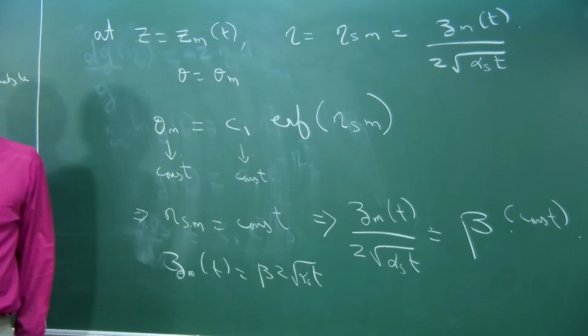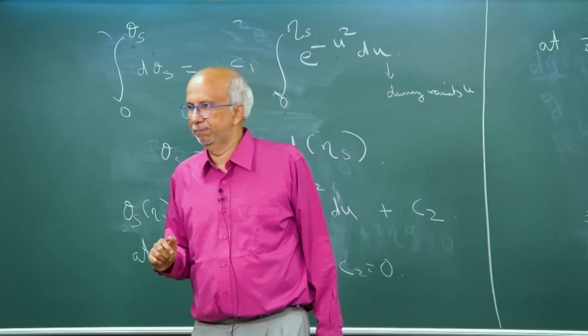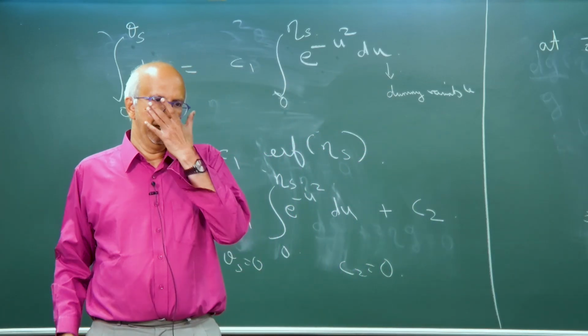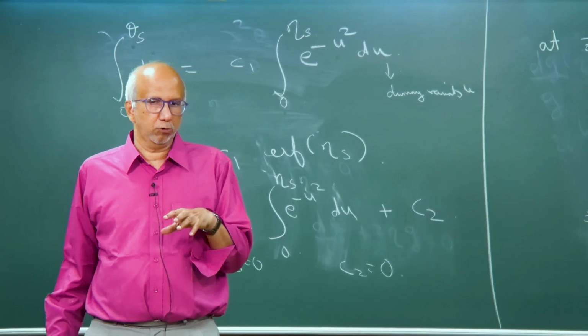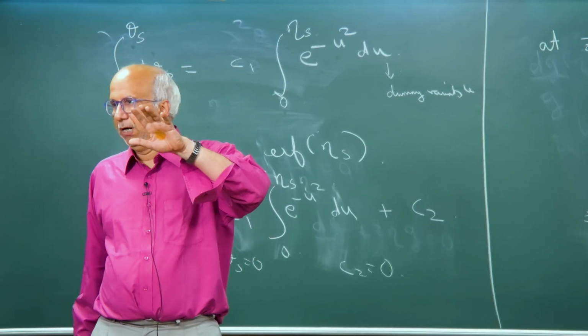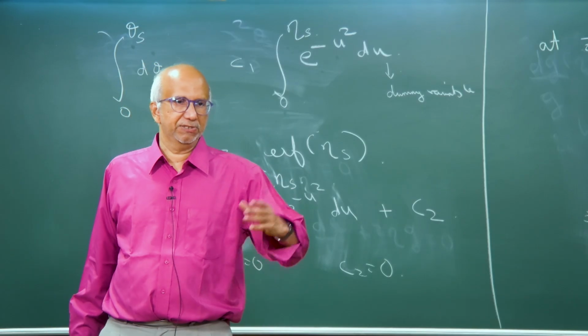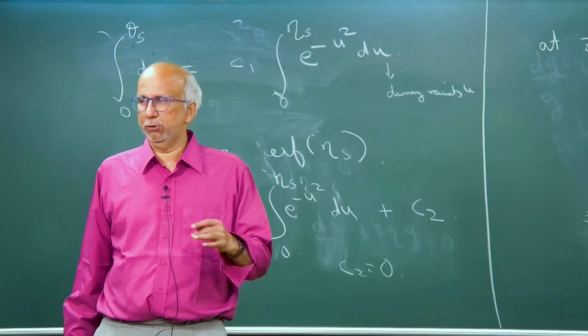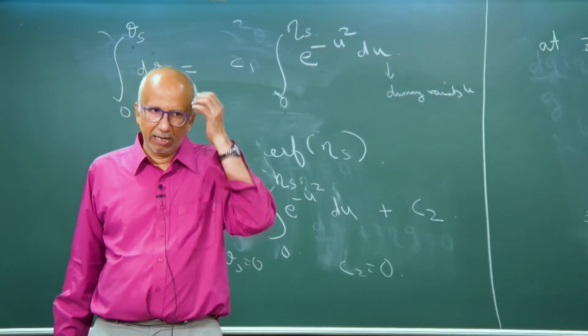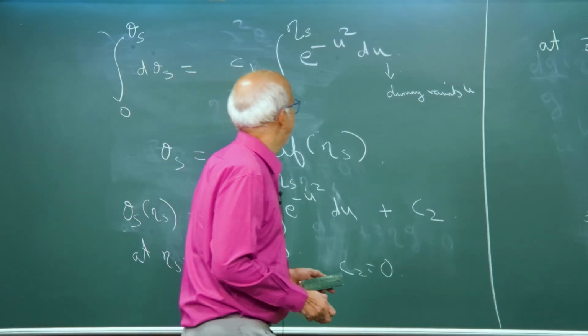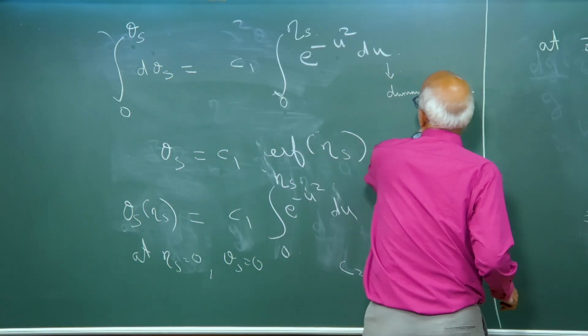It has a square root dependency on time. Okay, it is parabolic. So, I know how qualitatively Zm is going to change with time without doing any calculation. I can just get that insight.